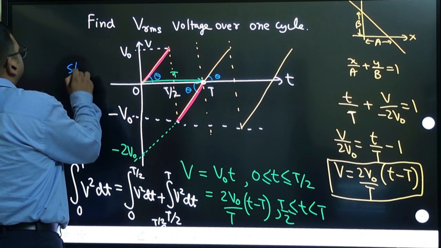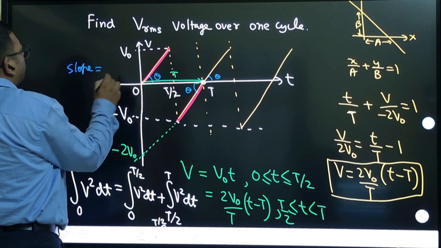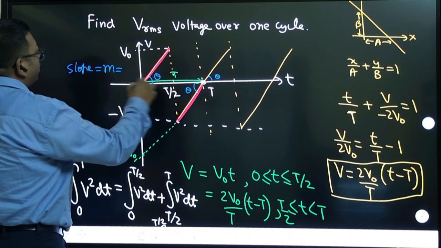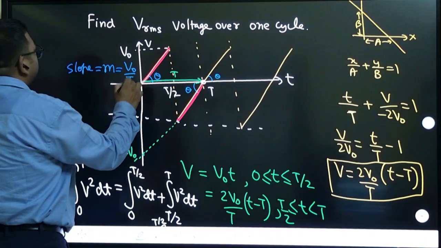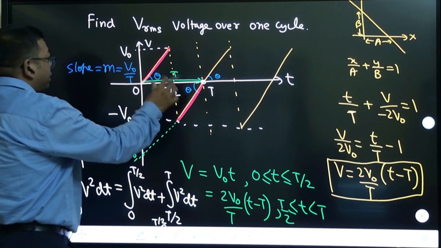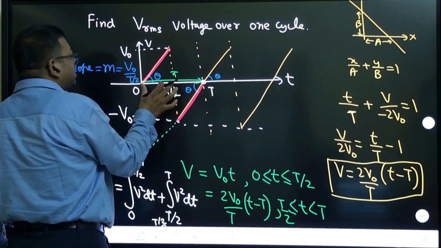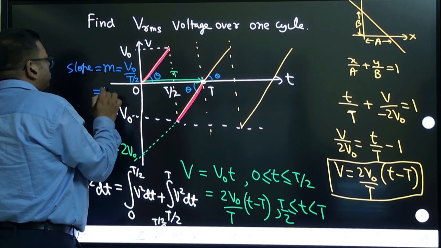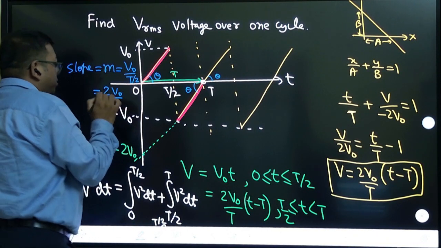So the slope of this graph, let us say m. M is the slope. So slope is V naught by t, right? V naught by t by 2, sorry, V naught by t by 2, because this is t by 2 and this is V naught. So slope is V naught by t by 2, means 2 V naught by t is the slope of this graph.